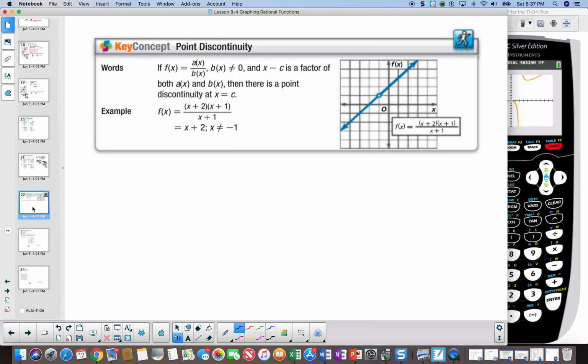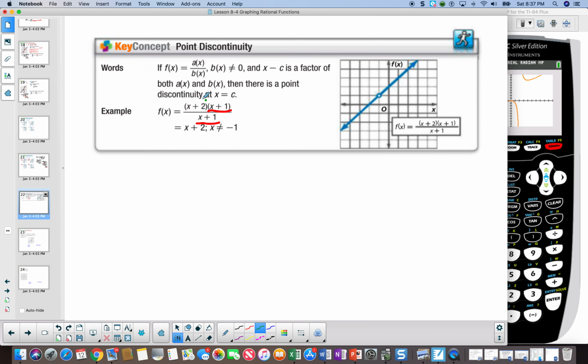Okay, now let's talk about point discontinuity. Something very interesting happens when, after you do the factoring, you find you have common factors for the numerator and the denominator. When this happens, then the graph does not want to graph a vertical asymptote.